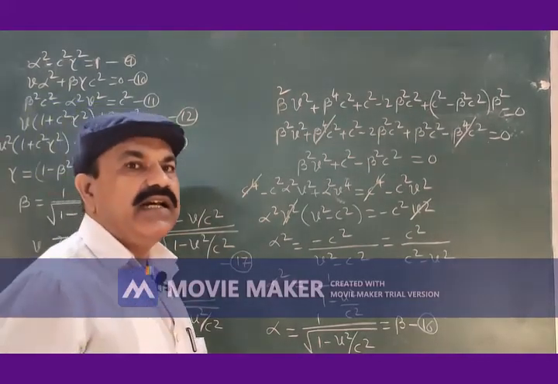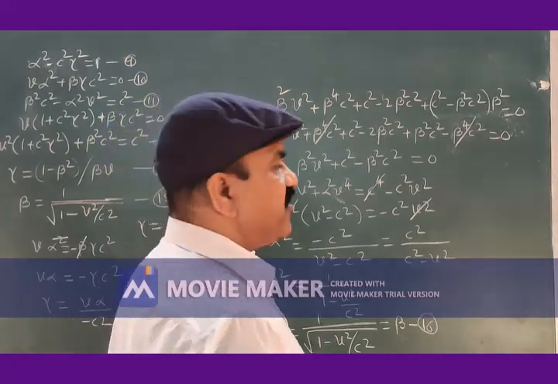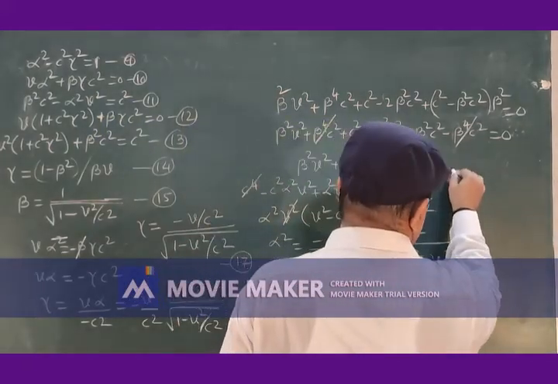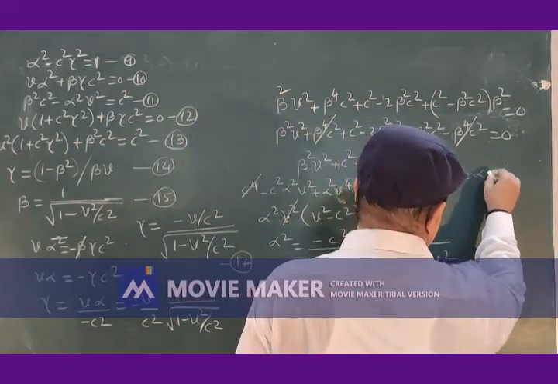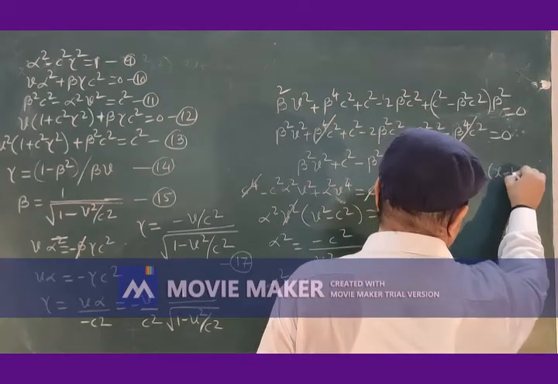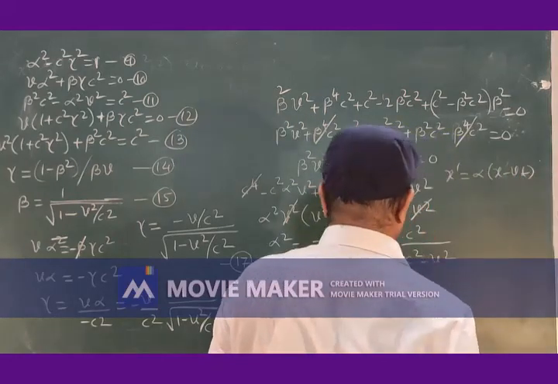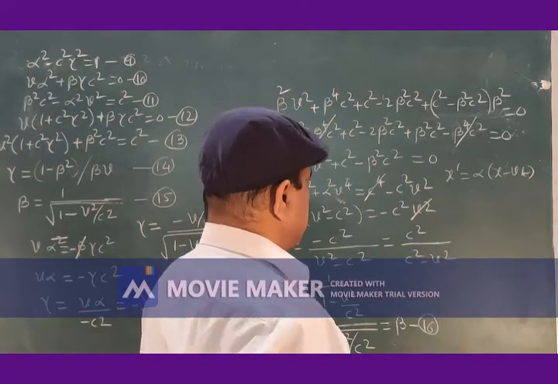the Lorentz transformation equations. x prime is equal to alpha times x minus vt. What is alpha? This.